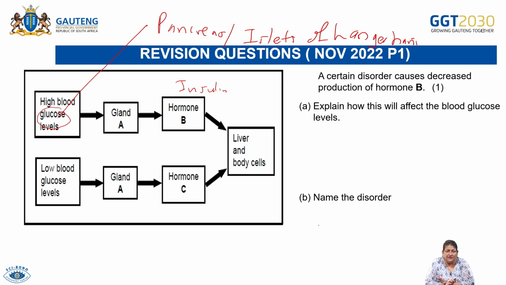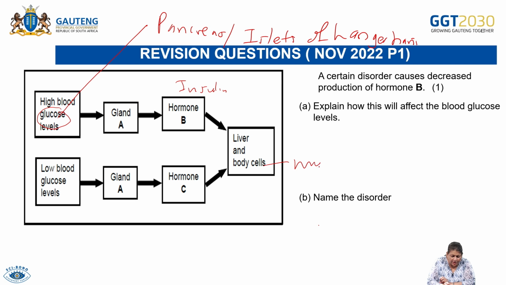Now at the liver, that's where there was excess glucose. So whatever you ate, all the sweets and chocolates and crisps and bread and pap, all that carbohydrates was broken down to glucose. All that absorbed glucose went by the hepatic portal vein to the liver. And body cells, which body cells?